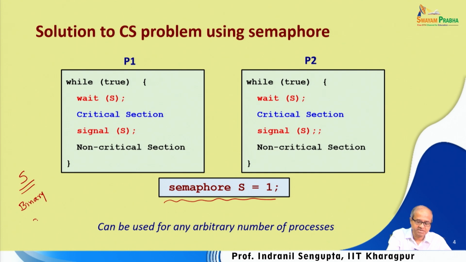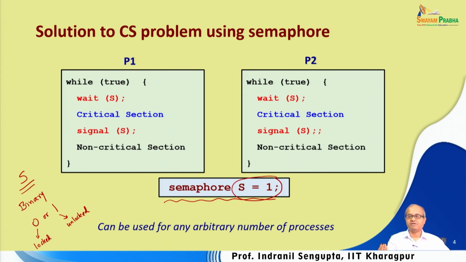The value can be either 0 or 1. The convention we are following is that 0 means locked and 1 means unlocked. That is why initially the value of S is set to 1, which is unlocked.